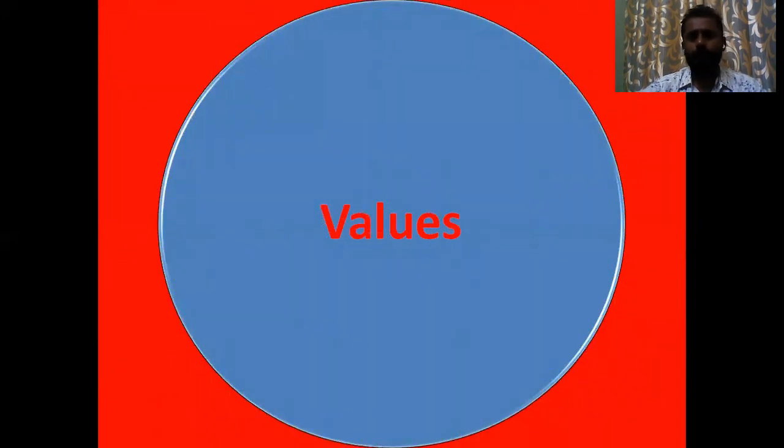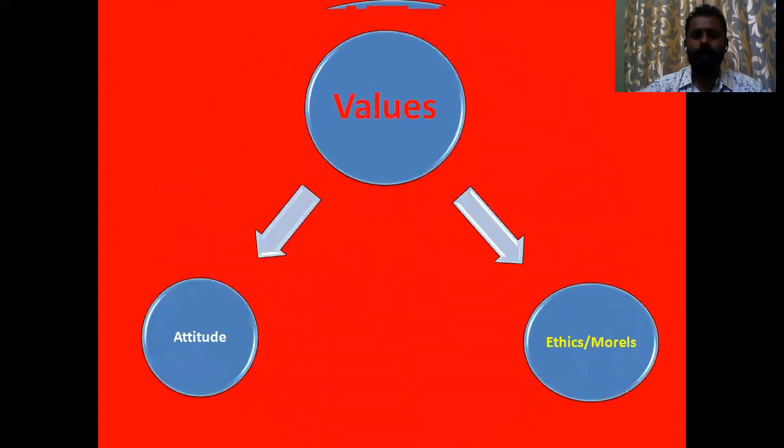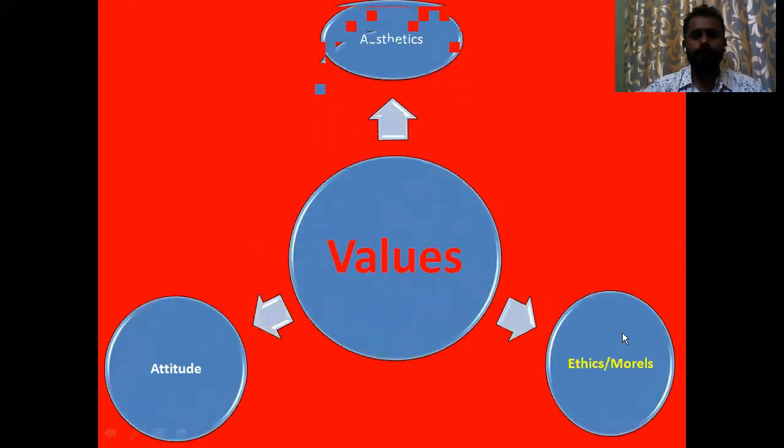Values, the most important topic in ethics paper. Values has to be understood with two important topics, that is attitude and ethics or morals. Along with that, you also have to take into consideration another topic, that is aesthetics.